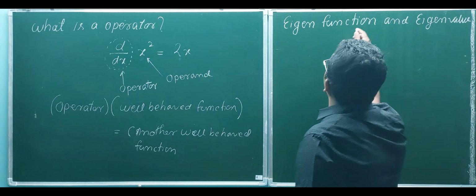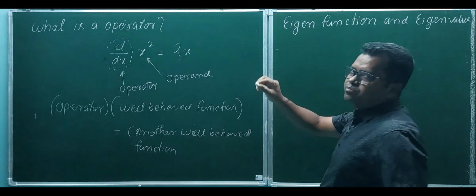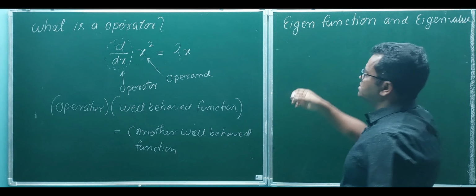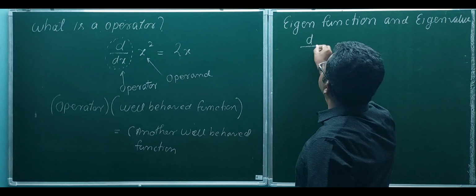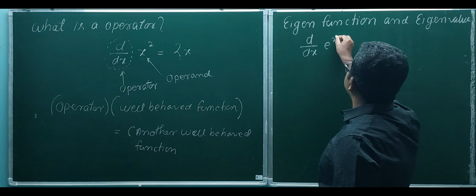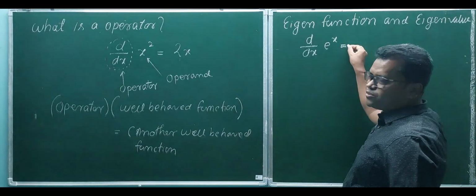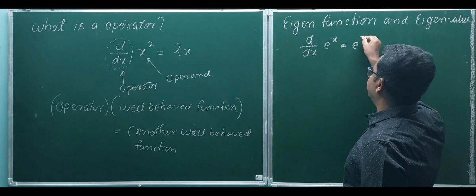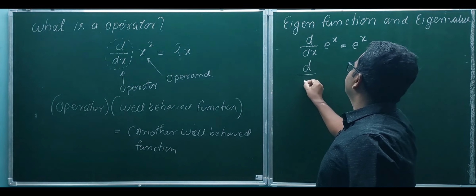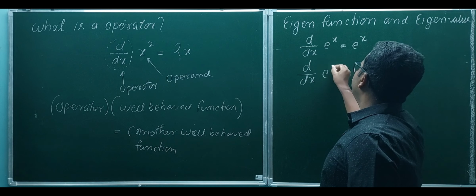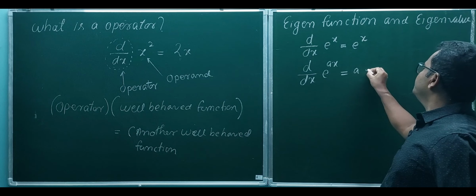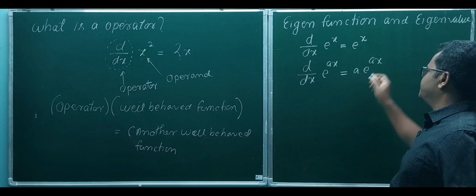For example, let us take the example of the derivative with respect to x. d/dx of e to the power x is equal to e to the power x. Again, d/dx of e to the power ax is equal to a into e to the power ax.